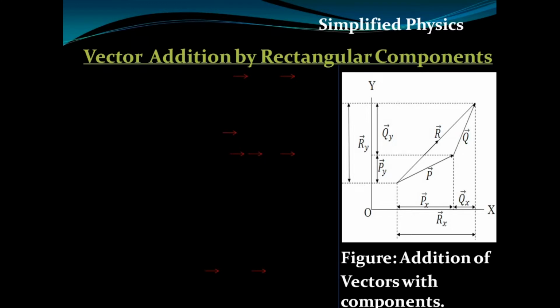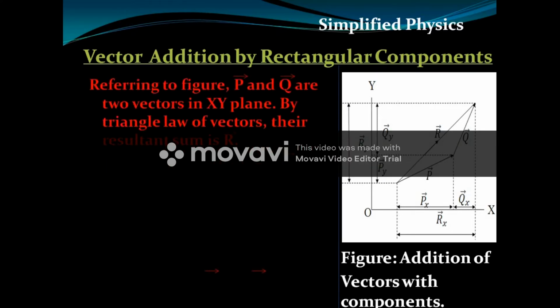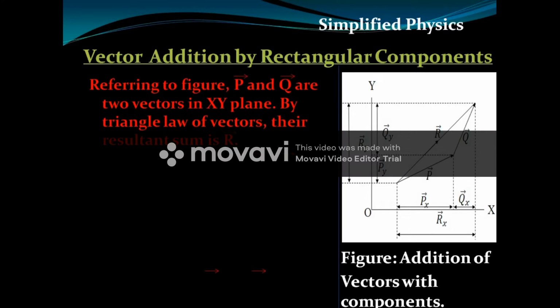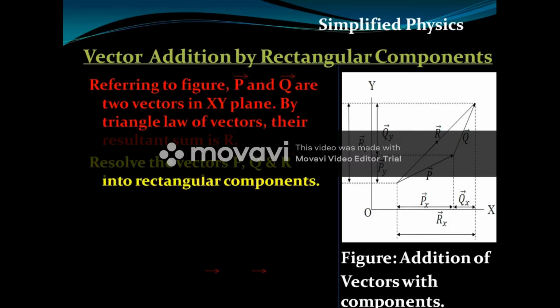In fact, using rectangular components, it is simpler to find the resultant. Let us suppose P and Q are two vectors in the xy plane as indicated in the figure. Using the triangle law, as we discussed in the first lecture, R vector equals P vector plus Q vector. Now resolve P, Q, R into their components.